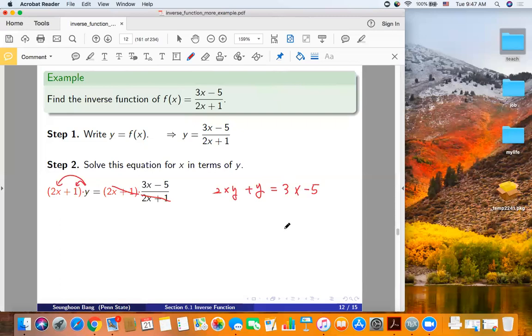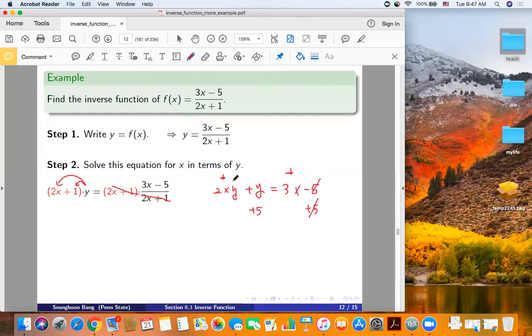You have to isolate the x terms on one side, and the other terms on the other side. So we have x terms here, 2xy, 3x. The other terms are y and minus 5. So how can you do that? You just add 5 to both sides.